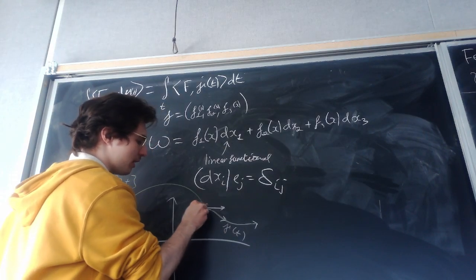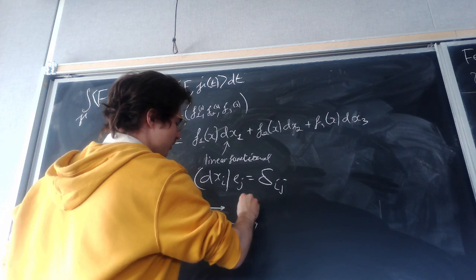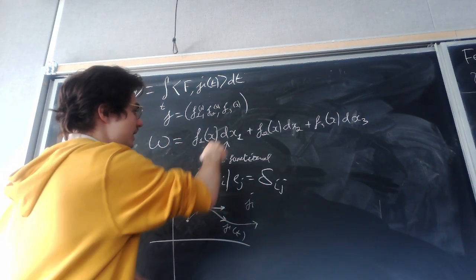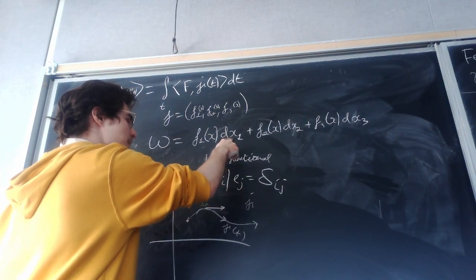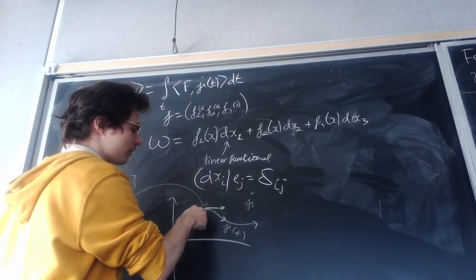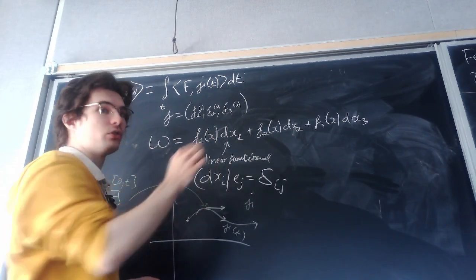That are tangent to my curve, right? So I'm only allowed to have stuff that's parallel to gamma dot. So for dx1, I'm essentially going to plug in whatever component of my tangent vector is into dx1 and just use that.